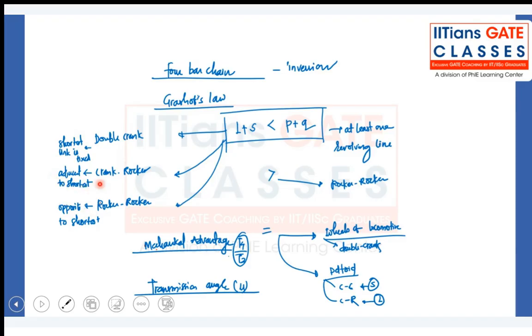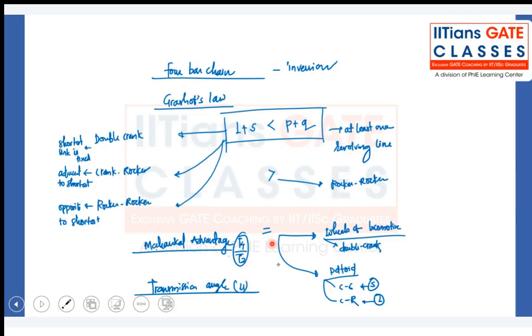If you fix the link adjacent to the shortest link, it is a crank rocker mechanism. And if you fix the link opposite to the shortest link, you will get a rocker mechanism. But if the sum of the shortest and longest links is greater than the other two, you will always end up with a rocker mechanism. We'll also solve one question based on this so that the concept will be clear to you.